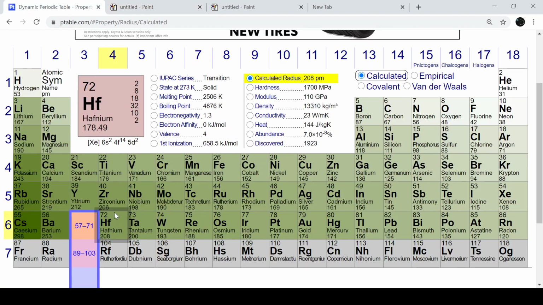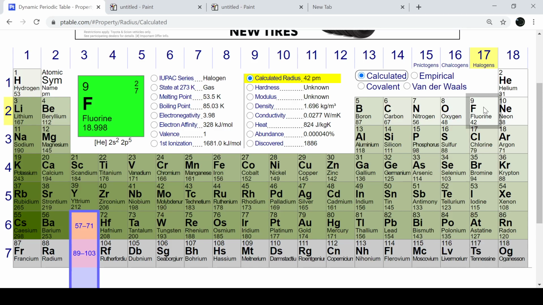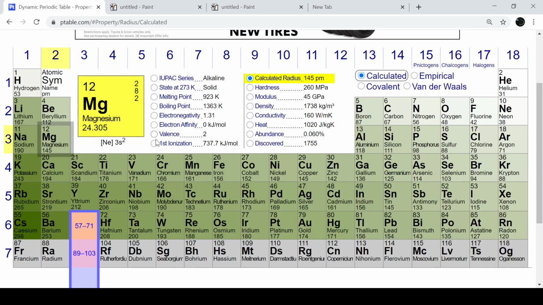So we're going to go back to our periodic table here, and we notice that right here is the size area. What we're going to expect is that this large size area is going to have a really low amount of energy. And in this area, where the size is really small, we're going to expect a high first ionization energy.